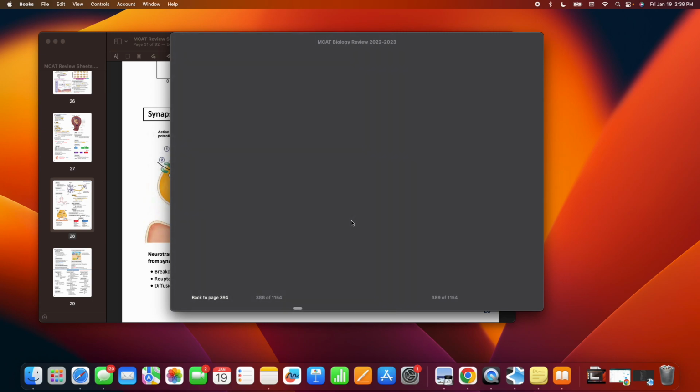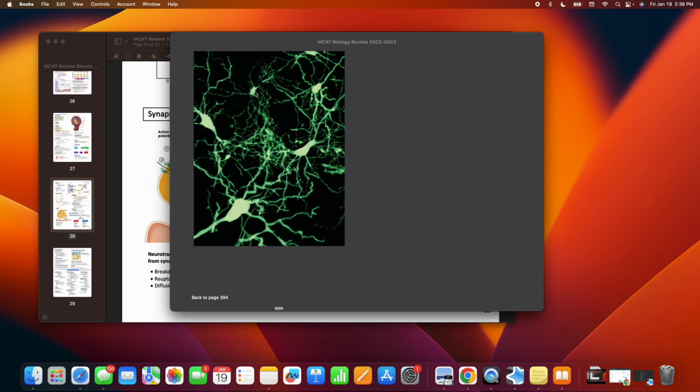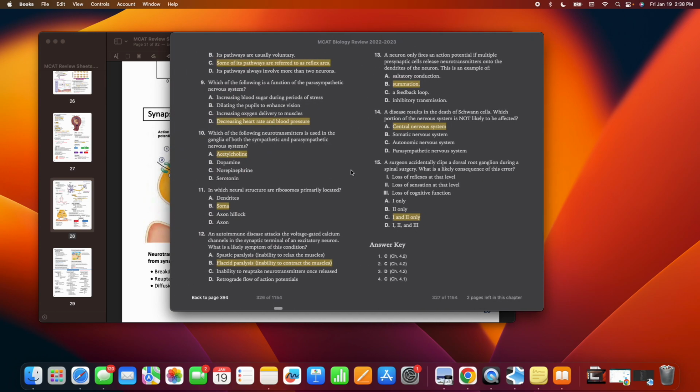No, don't do this to me. Okay, give me a second to fix this iBook glitch. I think I have to close it. Yeah, let me close it. Okay, wait a second, something's happening.